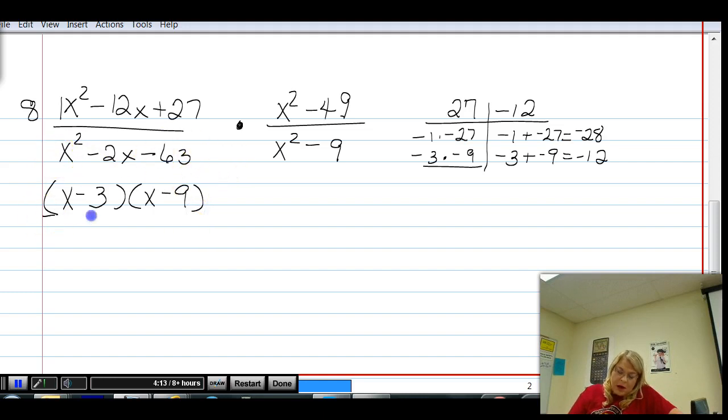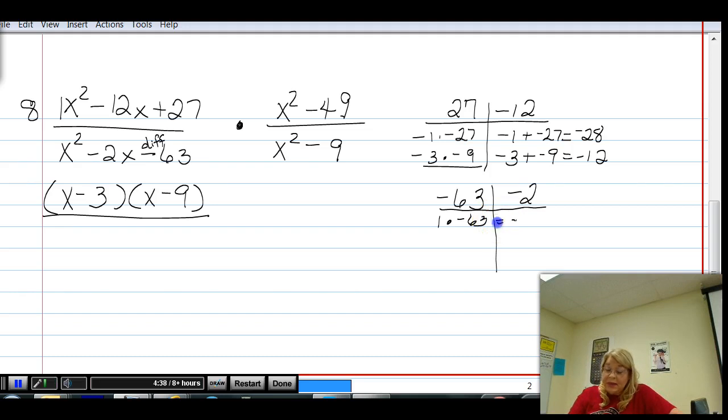For the denominator here, I'm going to look at the factors of negative 63. Now, reading the signs carefully, they are different, and the biggest of the factors is negative. So I'm going to have 1 times negative 63. And when I get finished, I'm hoping for a negative 2. Well, that gives me a negative 62. 2 won't go. 3 times negative 21.